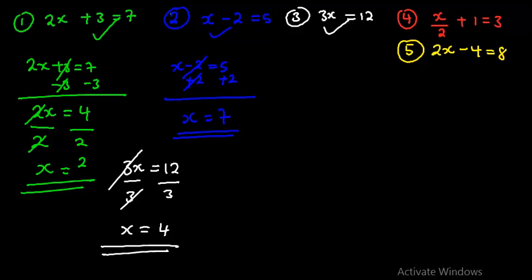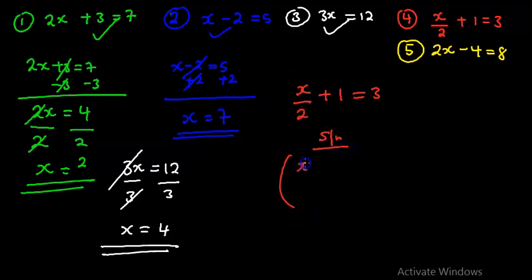So the fourth one, second to the last, which is x divided by 2, we are going to add 1 to that, which is simply going to be 3. What we need to do, if this is positive 1, we are going to make it negative. Therefore, we are going to have negative 1, negative 1. But for us to have a better workout, let's put this into brackets.